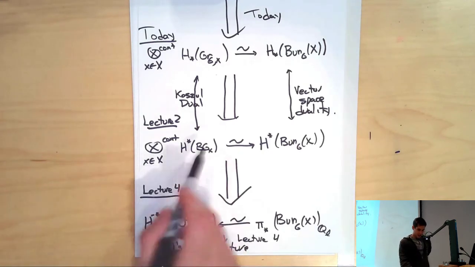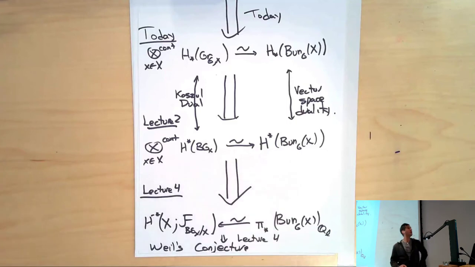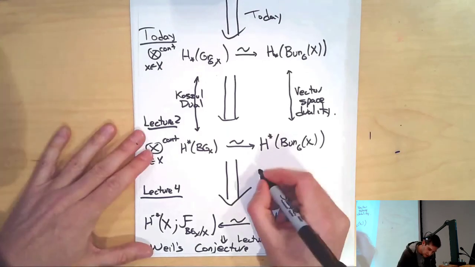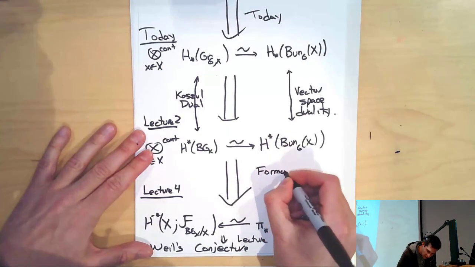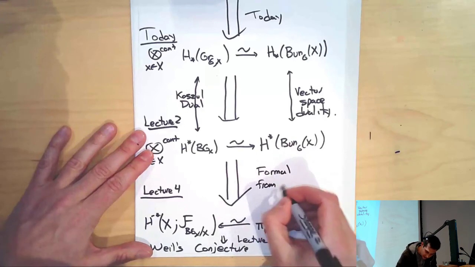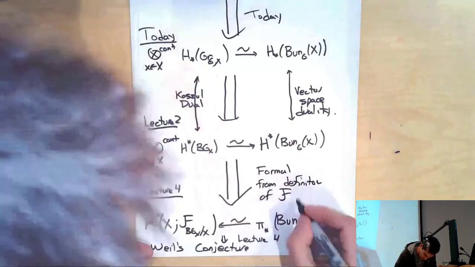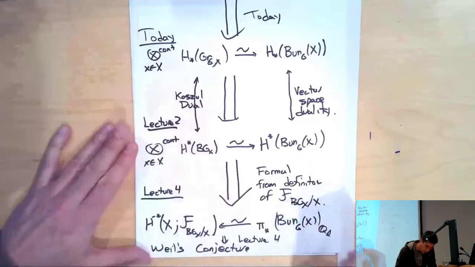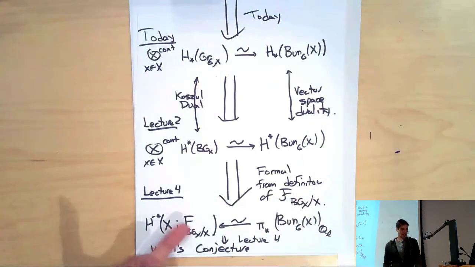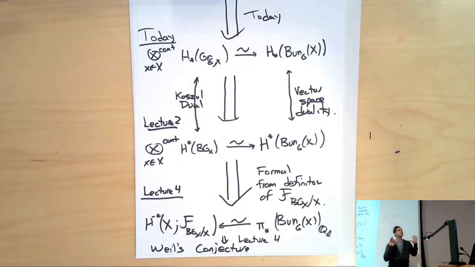The other implication is that once you have this product formula that I described in lecture 4, you can deduce something about the l-adic homotopy groups of Bun_G. And this is essentially formal. This is formal from the definition of this sheaf F_BG_X over X. I didn't define for you what the left-hand side of this bottom isomorphism is, but I claim that if I gave you enough information that you understood the definition of it, this implication would just be immediate from the definitions.